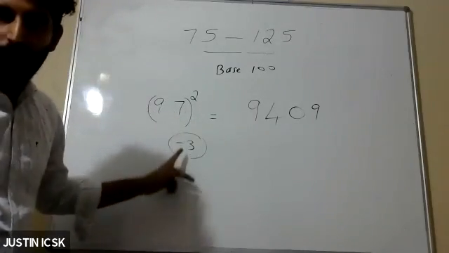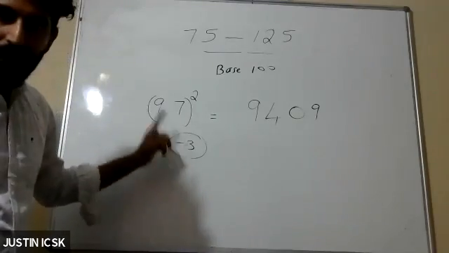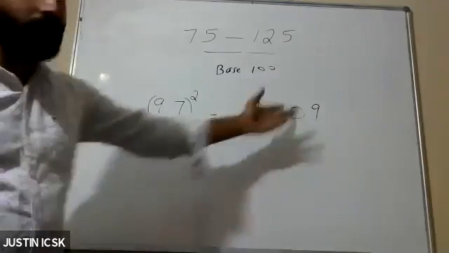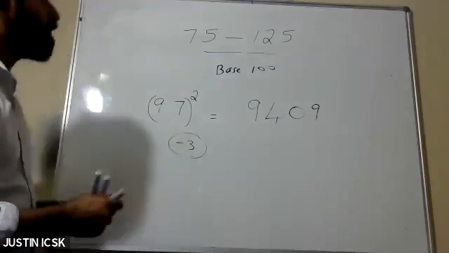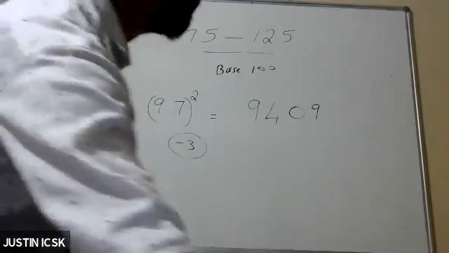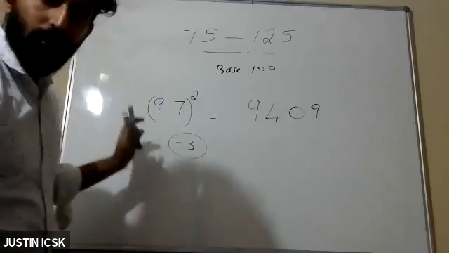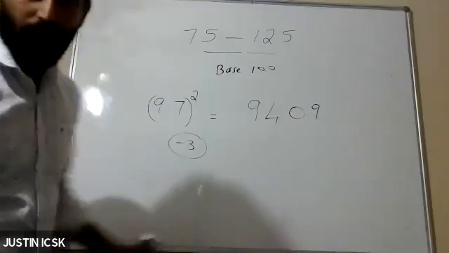First you check how much it deviated from 100. This is minus 3, so 97 minus 3. Then just take the square. So here no need to bring 25. All the numbers are here: 97 minus 3, then 3 square. That's all.